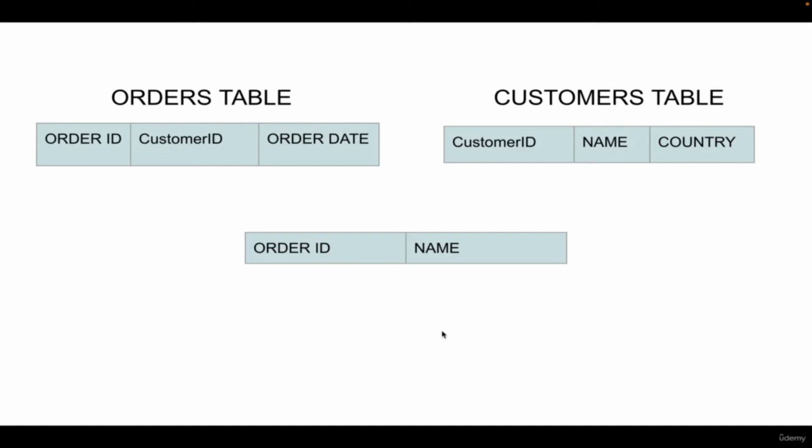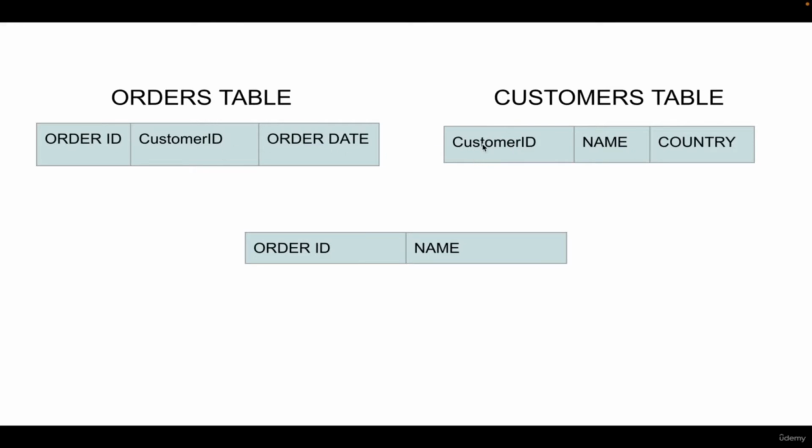The name is in the customers table and you can't get it from the orders table. So first think how these two tables are related. These two tables are related on the column customer ID.